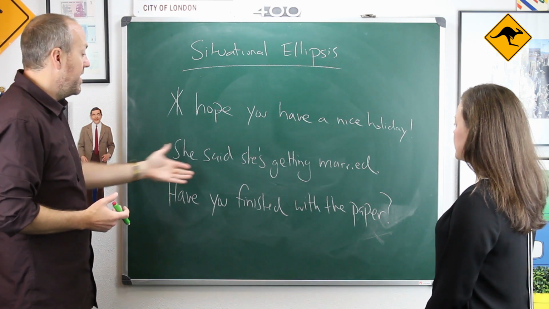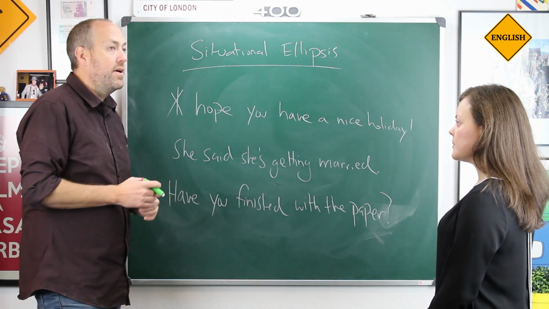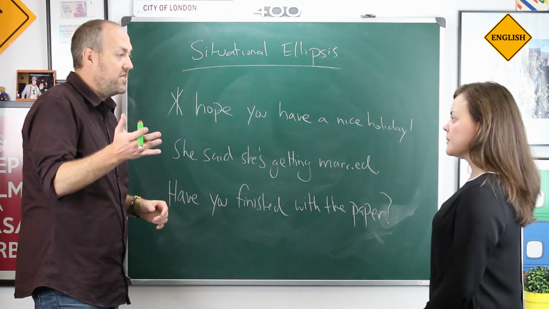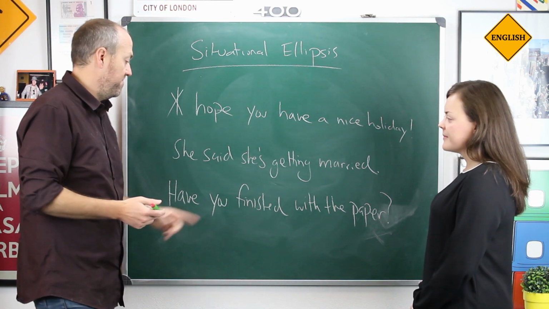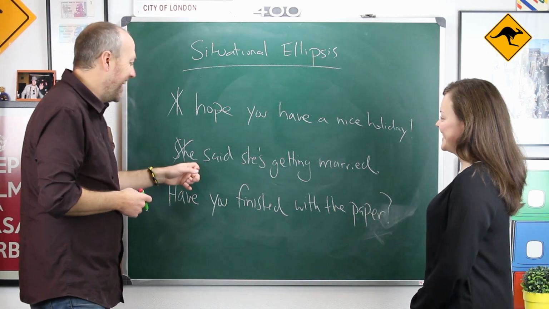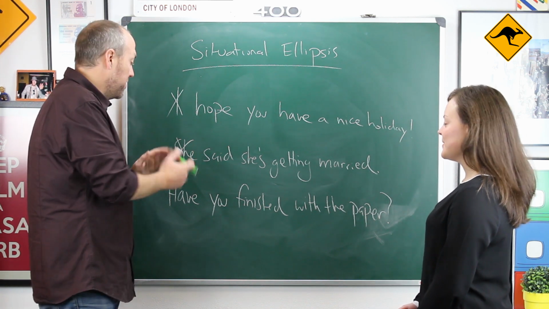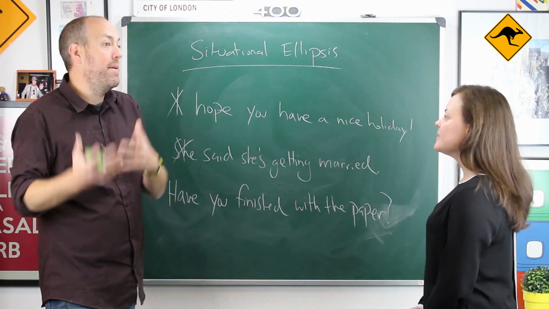And this one: again, imagine if I say, "I saw Veronica yesterday in town. Said she's getting married." The "she" I can eliminate because it's obvious I'm talking about you.